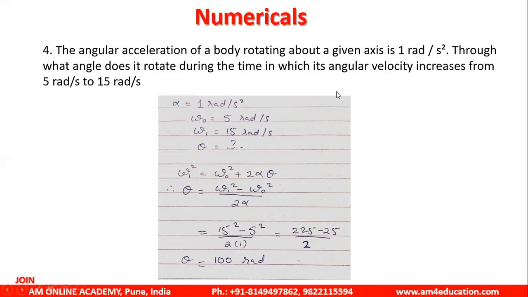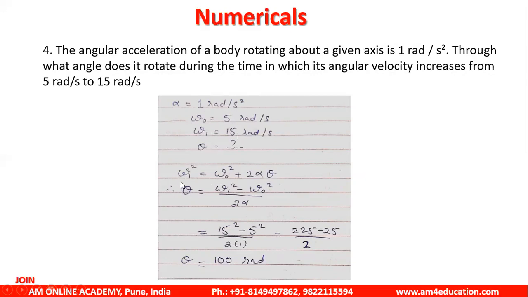Now, first of all, let us note down all the given quantities. So alpha is given, 1 radian per second square. Initial angular velocity omega 0 is given, 5 radian per second. Final angular velocity omega 1 is given, it is 15 radian per second, and we have to find out theta. Okay, so here in this case, we'll go back to the kinematic equations of circular motion, and we'll try to find where this fits.